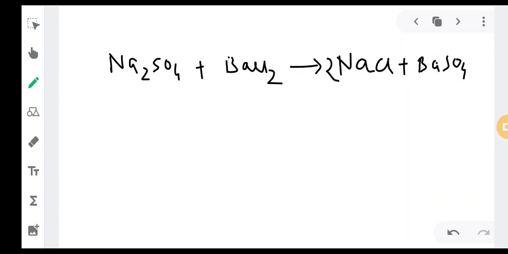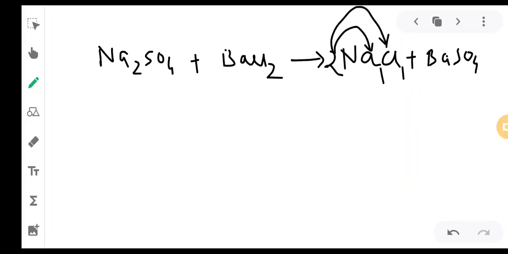So this is multiplied with 2. So there are 2 atoms of sodium and 2 atoms of chlorine. Whenever 2 or 3 is multiplied like this, it gets multiplied with the whole product, this single product, so it will get multiplied with this full product.